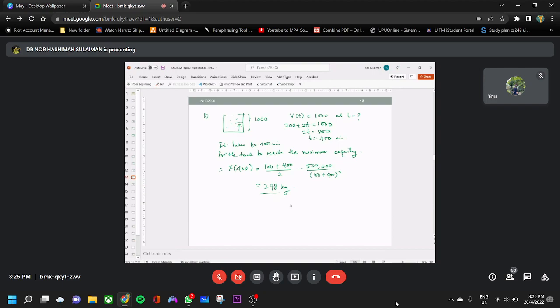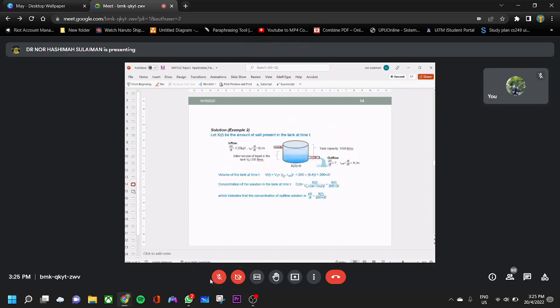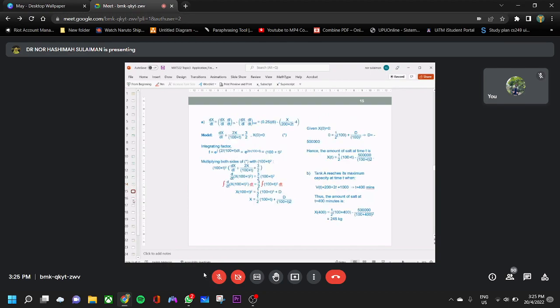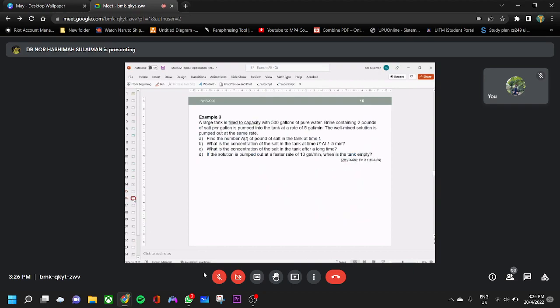You have to be very careful when you first develop the model. Itu yang sangat perlu diberi perhatian. Ada soalan? Tak ada. Kat sini solution dia dah ada. I've already worked out the solution for you. Hopefully you know what's going on.